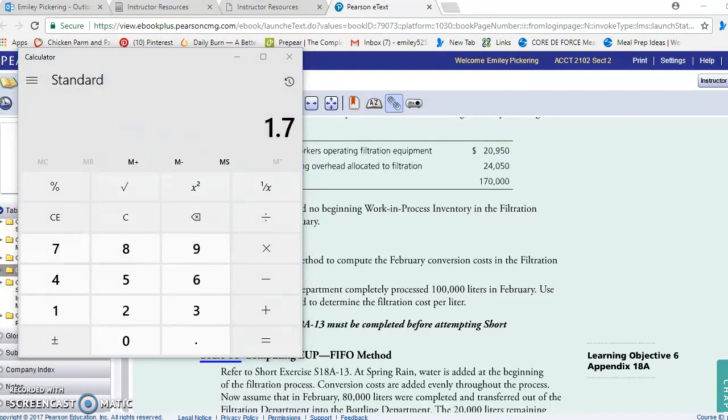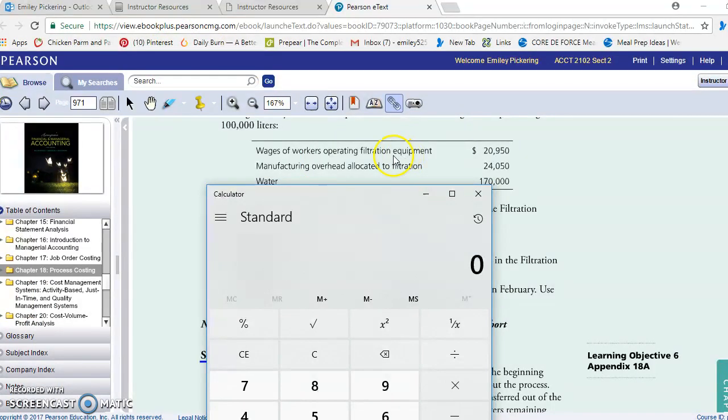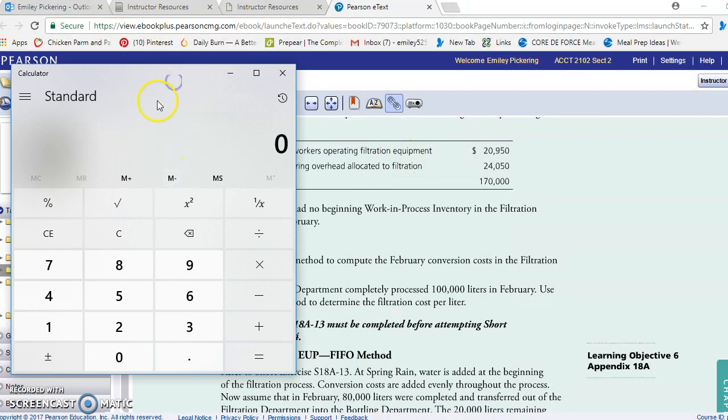And then as far as the conversion costs, they are the wages and the manufacturing overhead. Those two together are 45,000. We're going to divide that by our units produced of 100,000, which gives 45 cents. So that gives us a per unit cost.